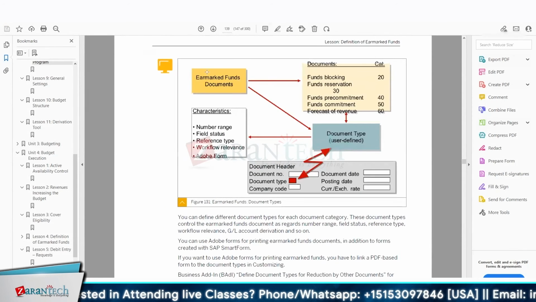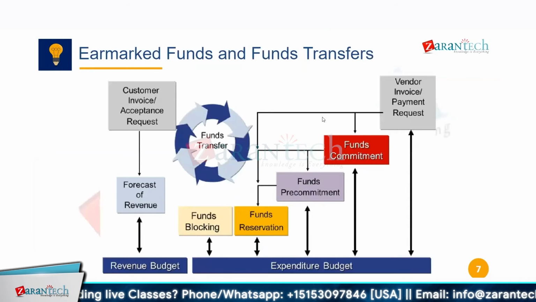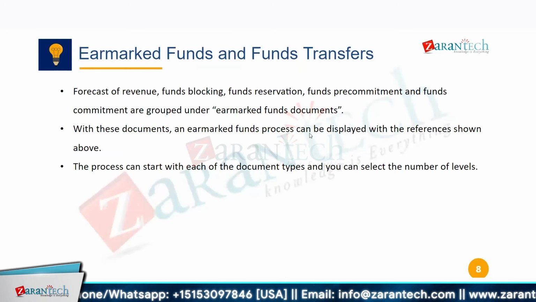So when you earmark funds, let's go back to this presentation. This is the graphic which we just saw previously: forecast of revenue, funds blocking, funds reservation, funds commitment, pre-commitment, fund commitment under earmark funds documents. With these documents, an earmark funds process can be displayed with the references shown above.